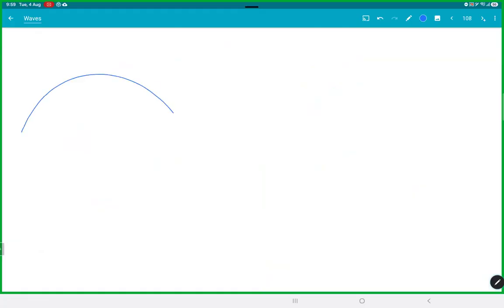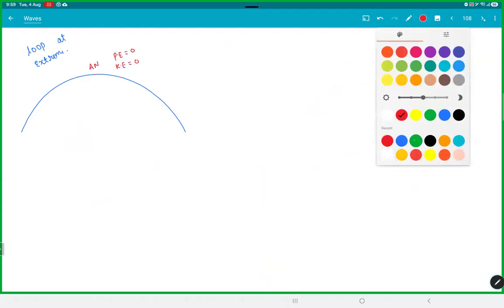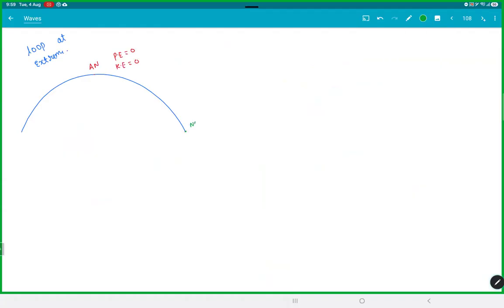When the loop is at the extreme position, at the antinode the potential energy was zero, the kinetic energy was zero. Both are zero. You don't have any energy. At the node, potential energy is maximum, your kinetic energy was zero.